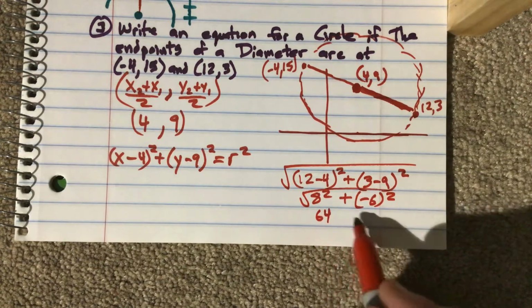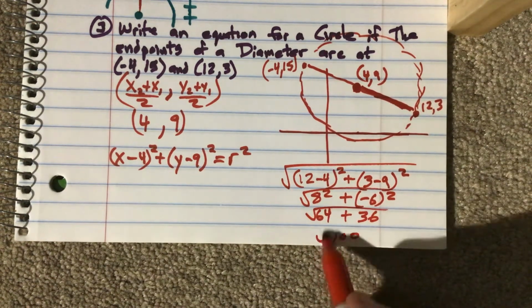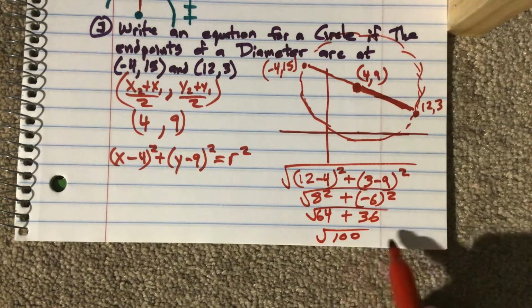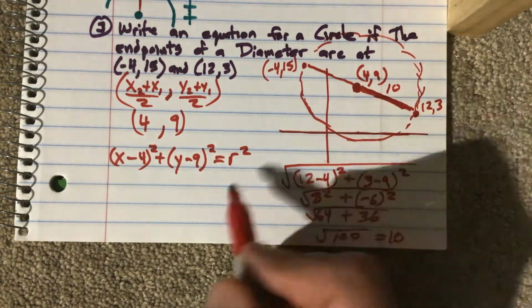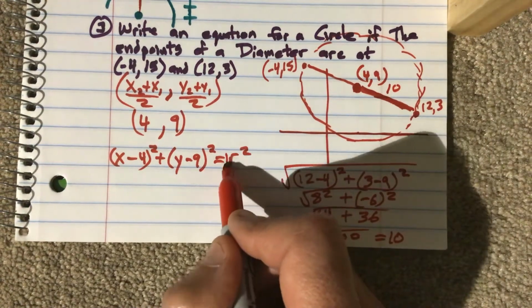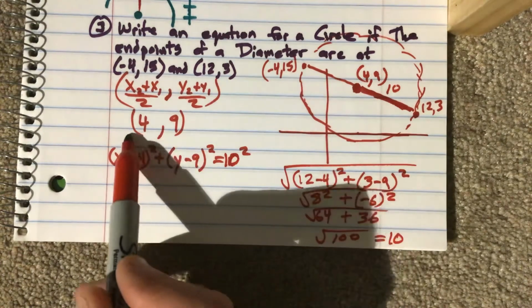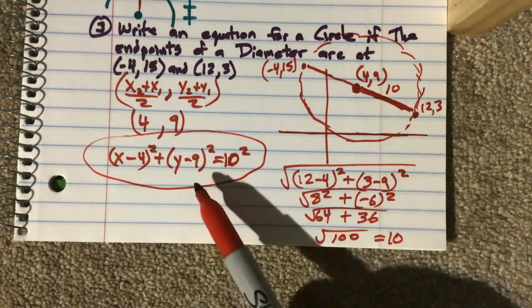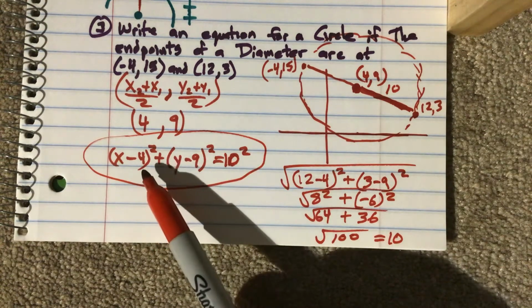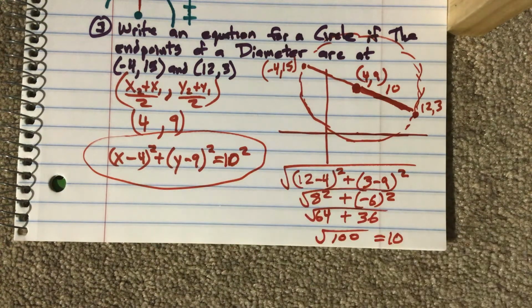That's 64 plus 36, which is 100. And when you take the square root of 100, you get 10, which means the radius here is 10. So we replace this r with a 10, and that's the equation of the circle. So that's the equation of a circle that has the center at 4, 9, and the radius is 10.